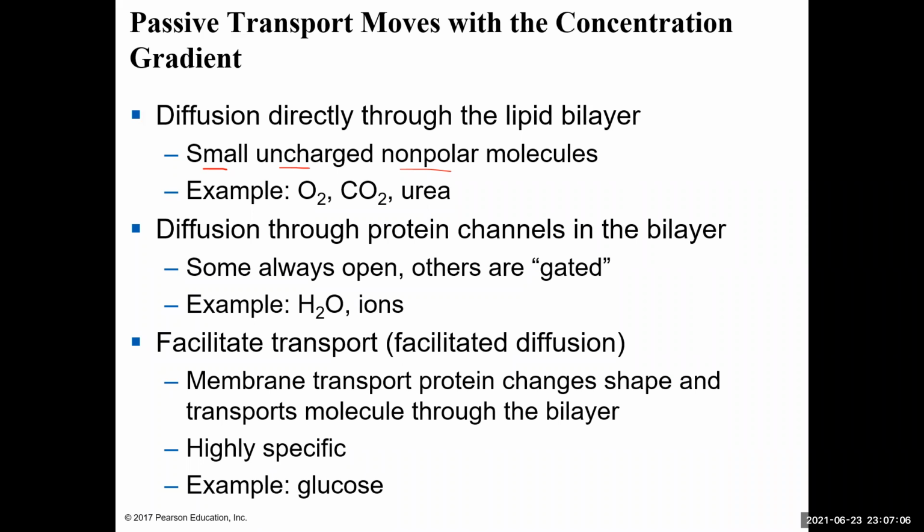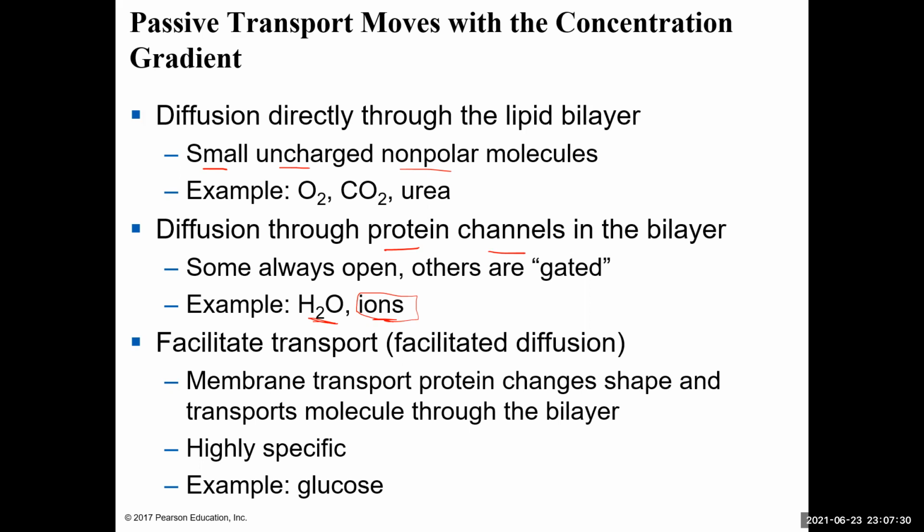Now, if it's a bigger molecule, like a molecule of water or ions, which are charged molecules, they still can diffuse through passively, but they have to do so via a protein channel. Okay. So those proteins that are embedded in that plasma membrane allow them to move across.